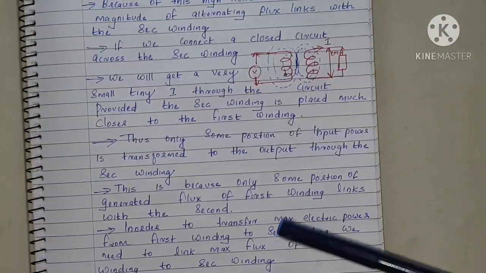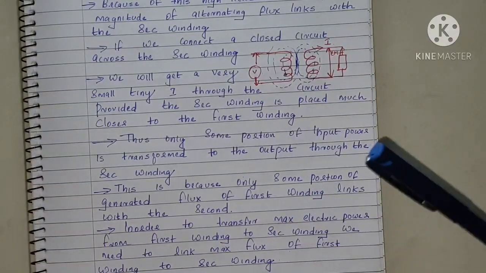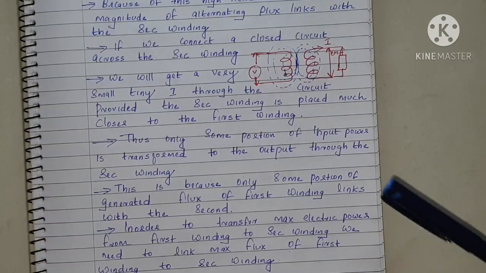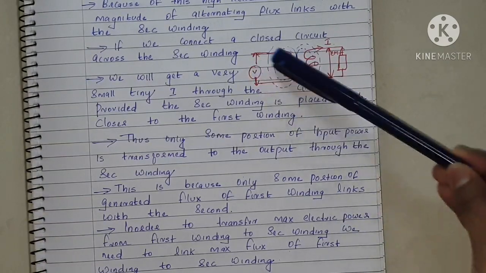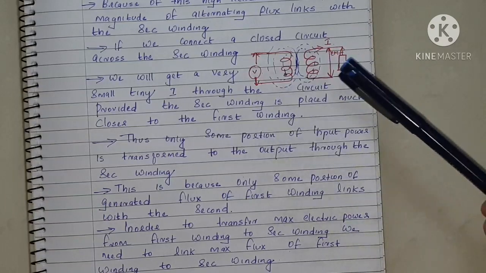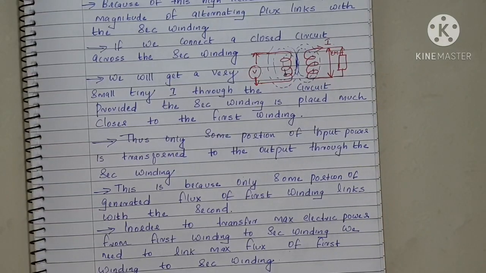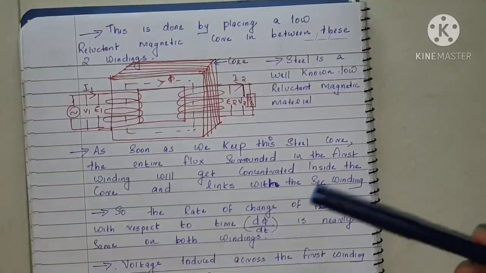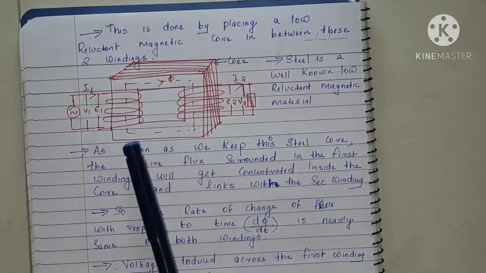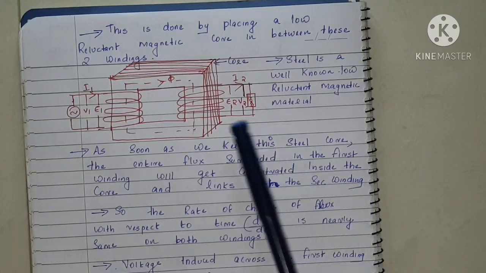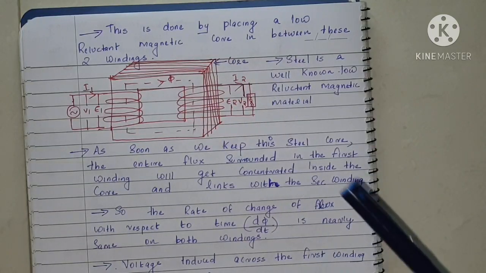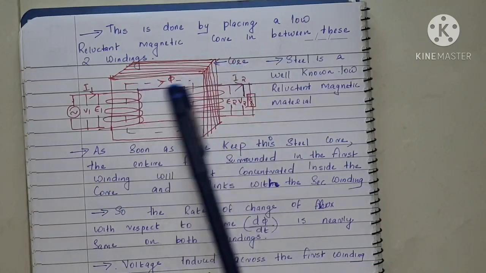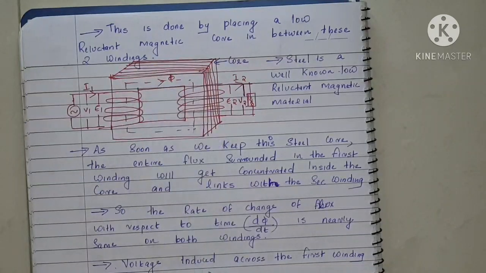In order to transfer maximum electric power from the first winding to the second winding, we need to link maximum flux of the first winding to the secondary winding. Thus, the complete flux from the first winding can be linked to the second winding by placing a low reluctance magnetic core in between these two windings.